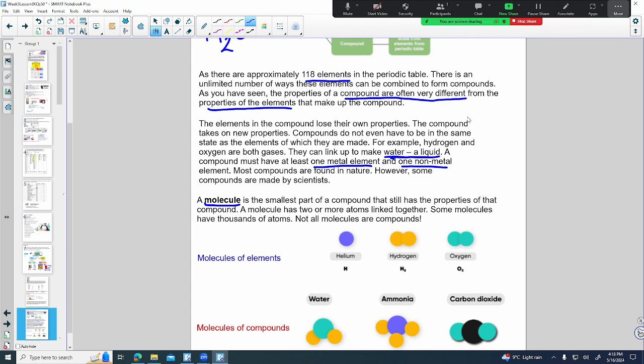Take, for example, a big piece of a chocolate bar. If you broke off a piece of it, it will still taste like that chocolate bar. It's just a piece of it. So think of a piece of the chocolate bar as a molecule. A molecule has 2 or more atoms linked together. Some molecules have thousands of atoms, but not all molecules are compounds.